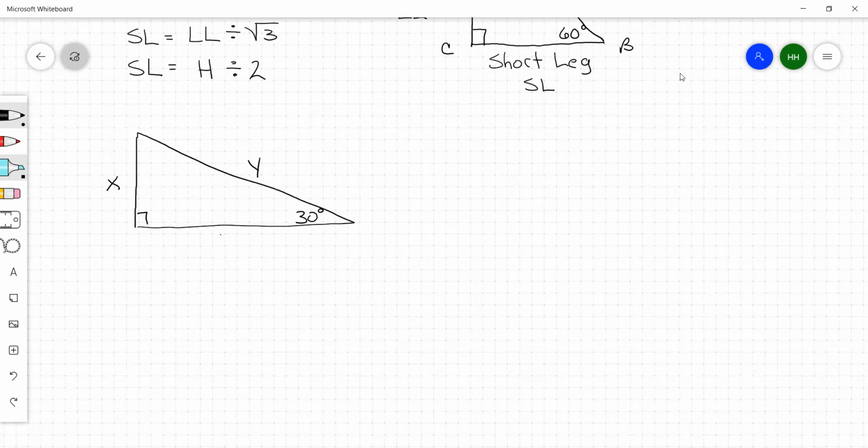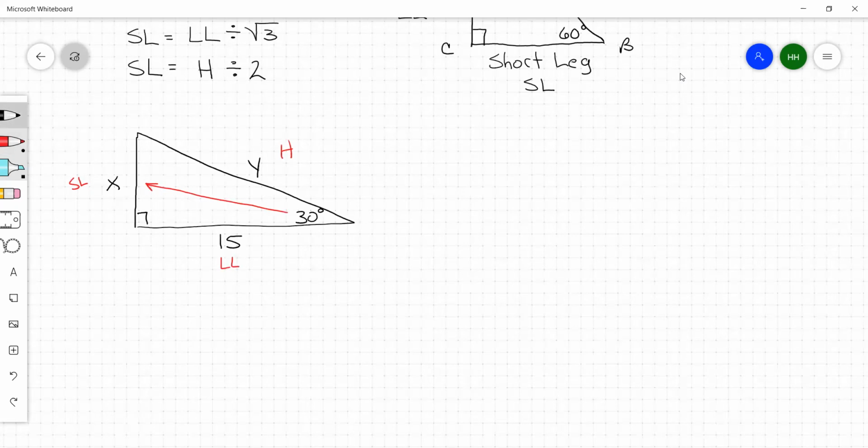And we've got a 15. All right, so until you get a little better at this, you just may want to put like SL right there, LL right there, and H for hypotenuse. The side opposite the 30, short leg. The other leg is your long leg.